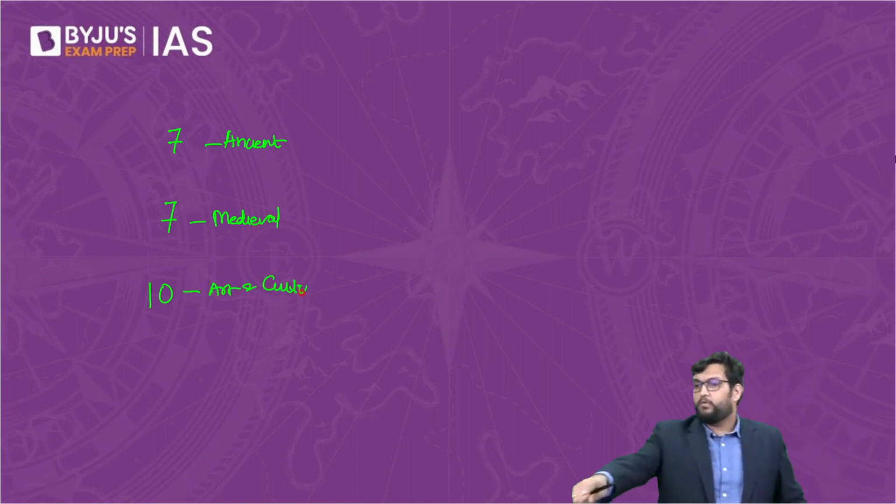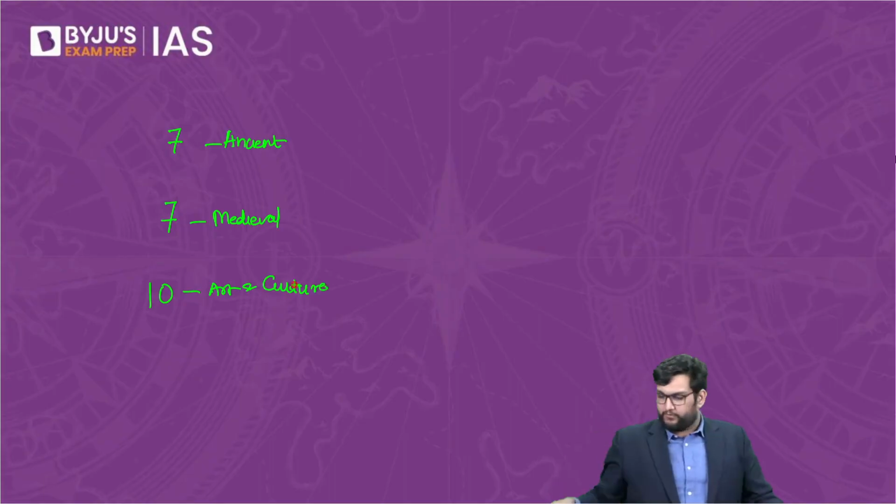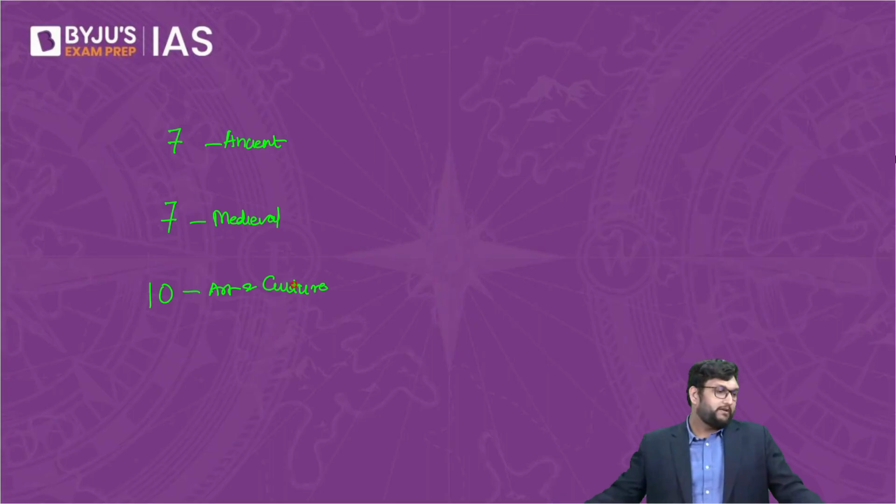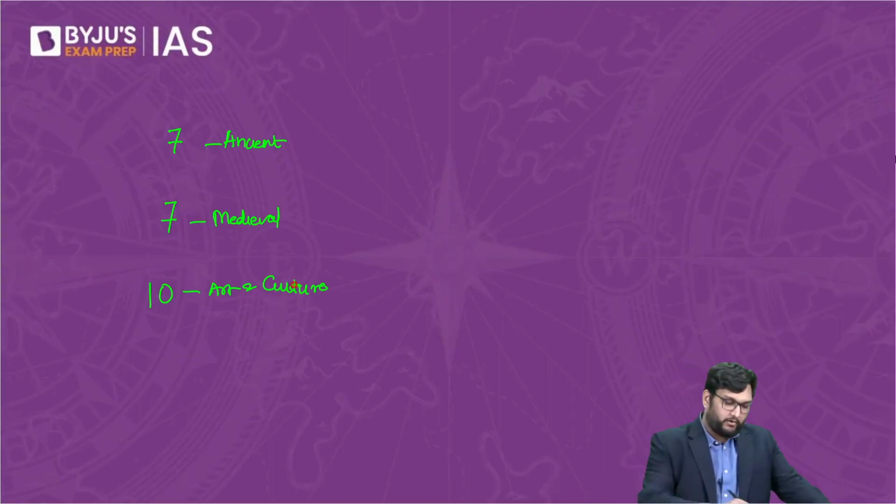Now, if you watch any so-called expert, any random topper, any YouTube video, they will say a very dangerous line: 3 to 5 to 10 questions come from this area.